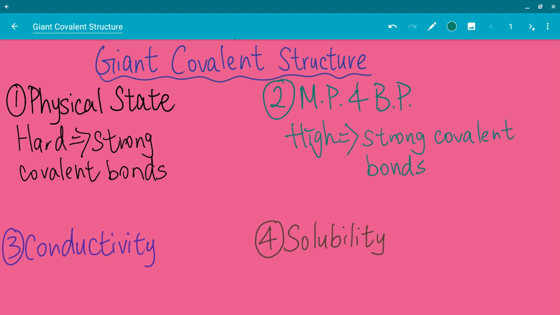You'll notice the explanation is very similar to giant ionic structures. They also have very high melting and boiling points due to the presence of strong ionic bonds.